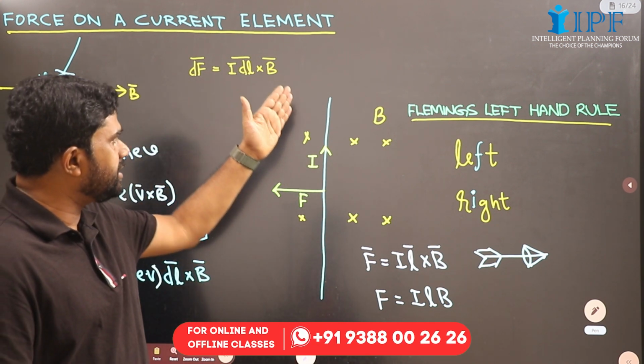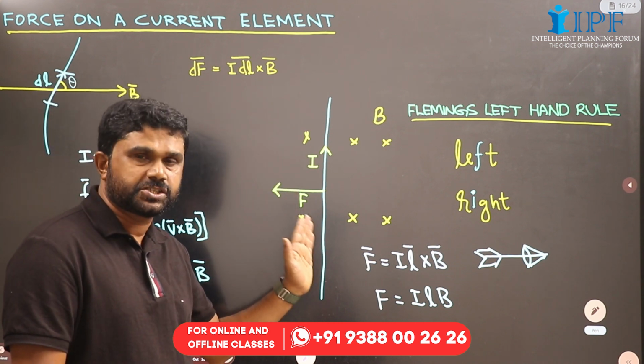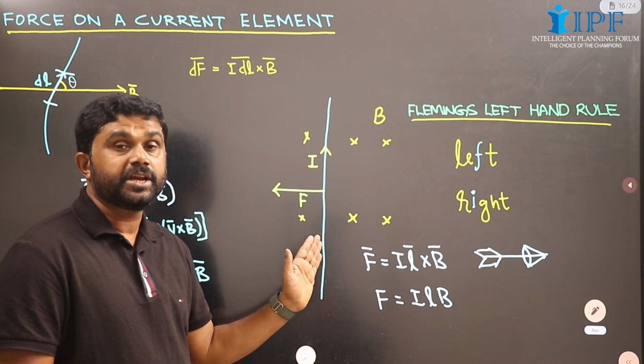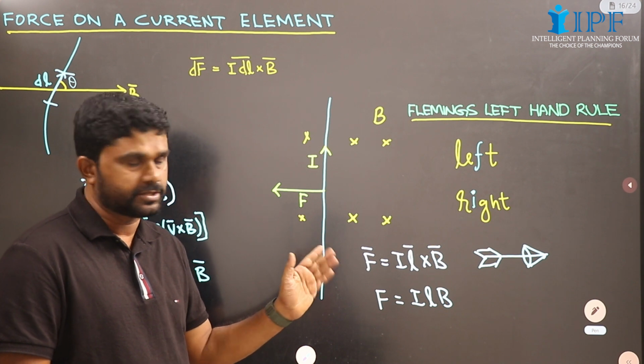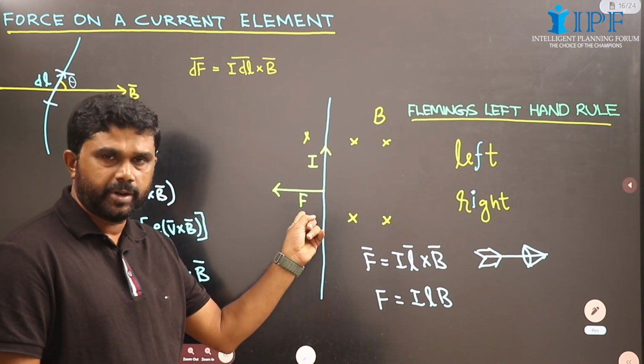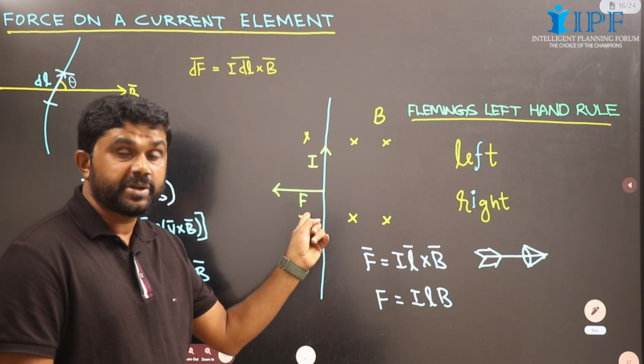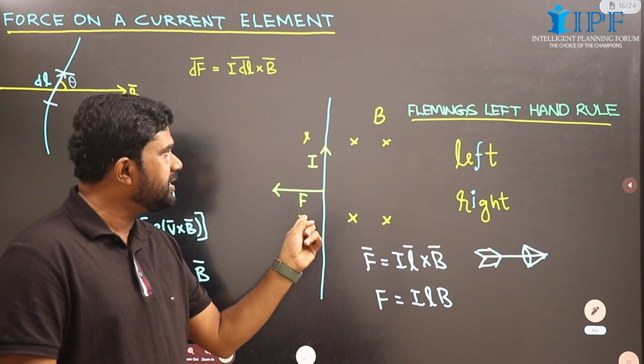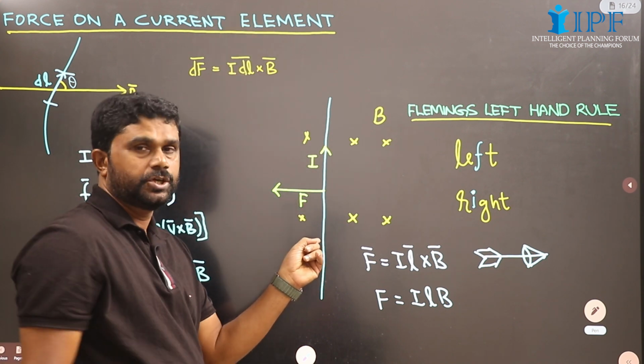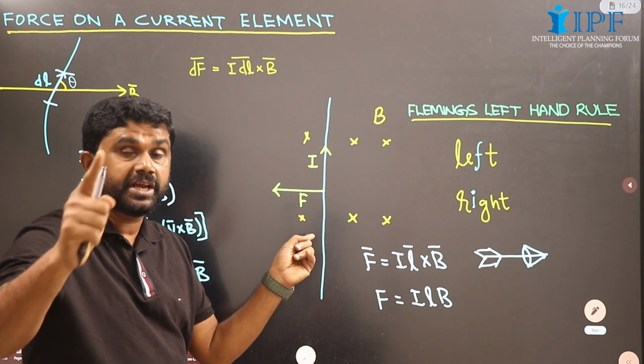Now let us find the direction of the force experienced by this straight conductor kept in a uniform transverse magnetic field. Magnetic field is along the inward normal. You have to use Fleming's left hand rule. In this case current is upwards, so the middle finger must be pointing upwards.